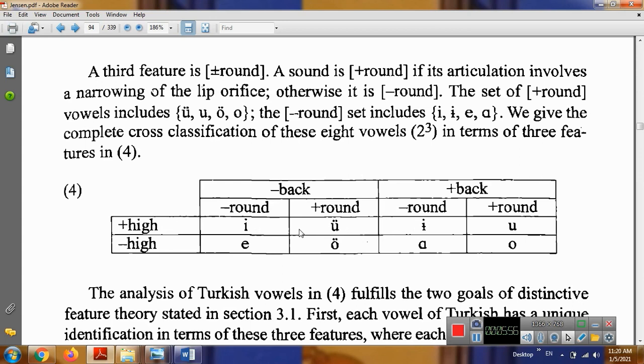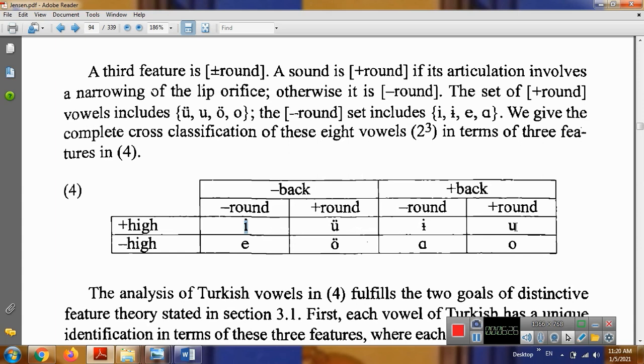Therefore, when we have a plus high vowel in the root, our suffix will match the vowel of the root. When we have i, the suffix vowel is i. When we have ü, the vowel of the suffix is ü. And when we have u, the vowel of the suffix is u.